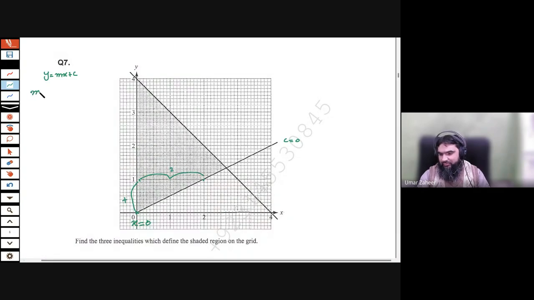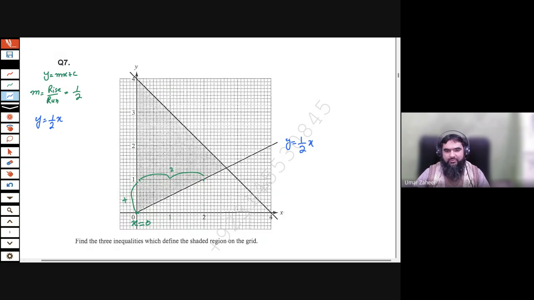The gradient is equal to rise divided by run. So rise is 1 and run is 2, so it will be 1 divided by 2. We'll get the equation y is equal to 1 over 2x plus c, that is 0, which means y is equal to 1 over 2x. So this is the equation of the line.